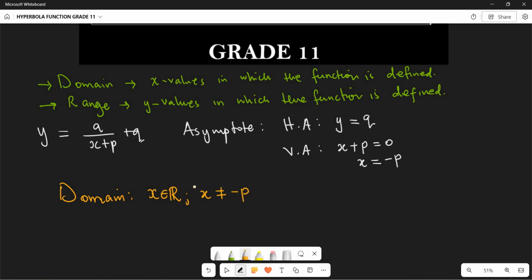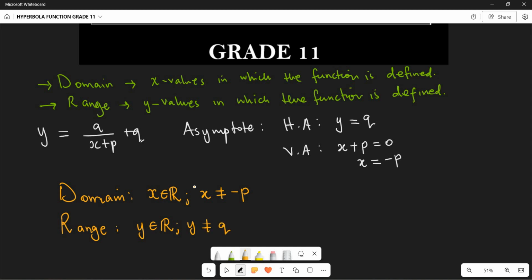Negative p. Remember, if x is equal to negative p, the function is undefined, or that is our asymptote. Then when you look at the range, you're looking at all sets of y values which are possible except when y is equal to q.